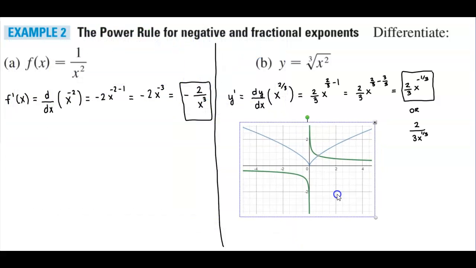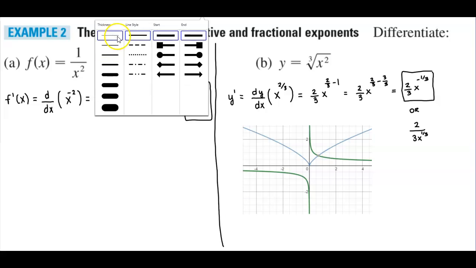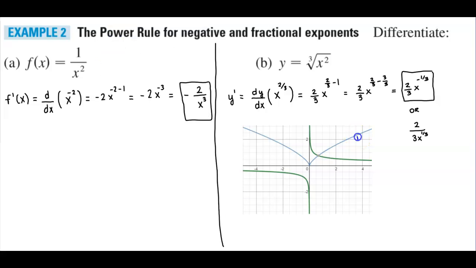So again, this is for part B. So we know that the blue graph represents y, which is equal to the cube root of x squared.